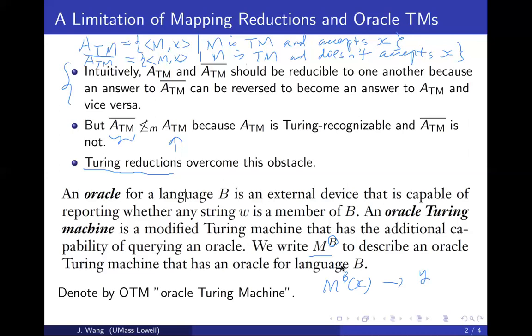I want to know whether y is in B. I can simply make a query to B. So that is the notion of an Oracle Turing machine, and then we're going to use OTM to represent it.